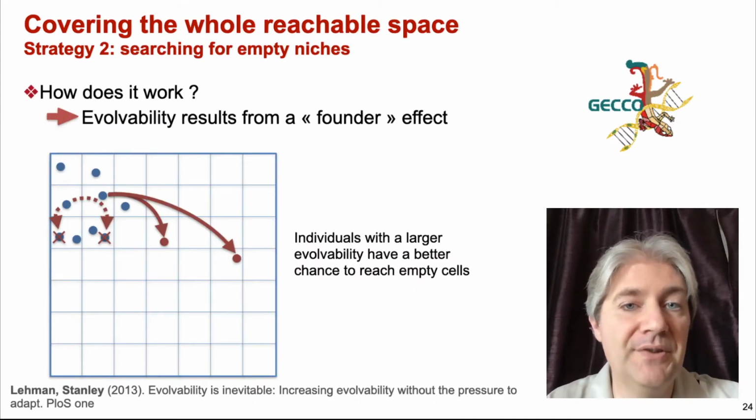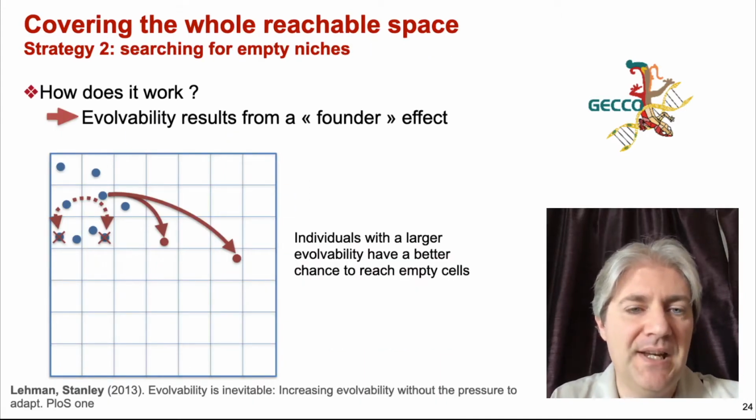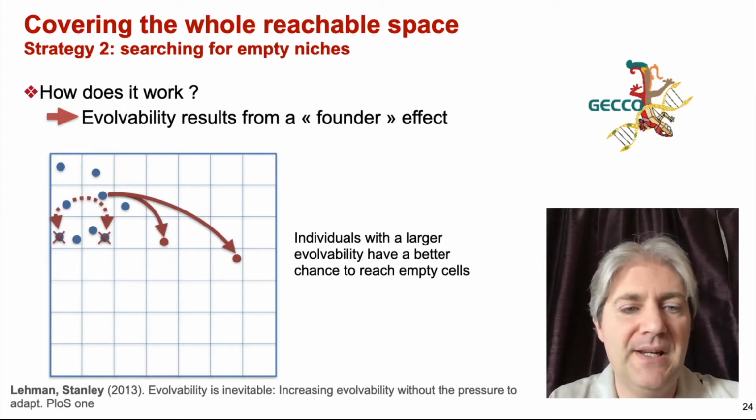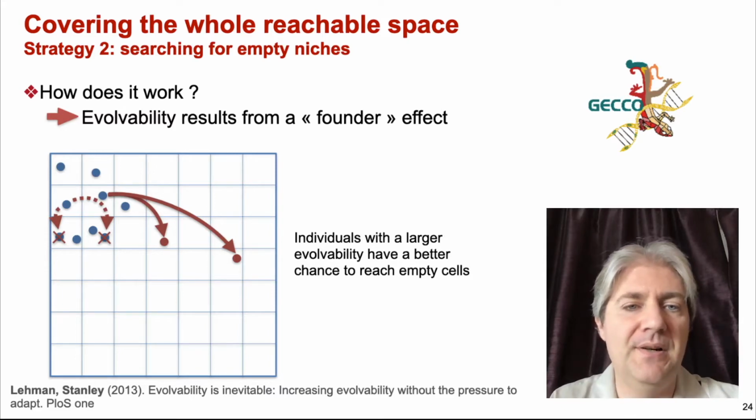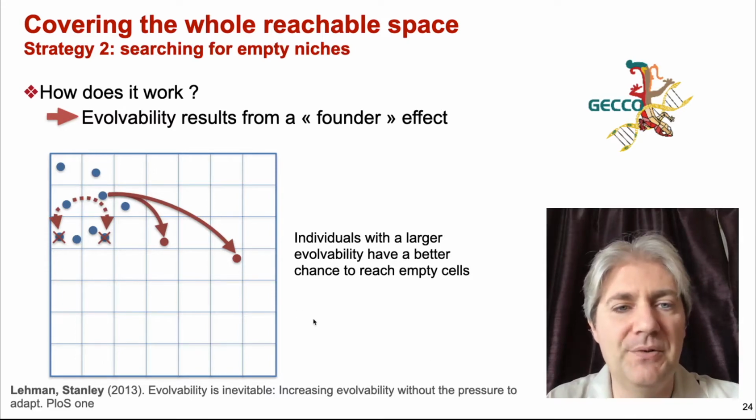So how does it work? In this case, it is very likely that evolvability results from a founder effect identified by Lehman and Stanley in 2013, in which solutions with a large evolvability will tend towards generating solutions that are far from their initial solutions.